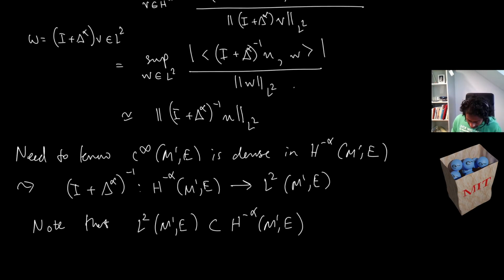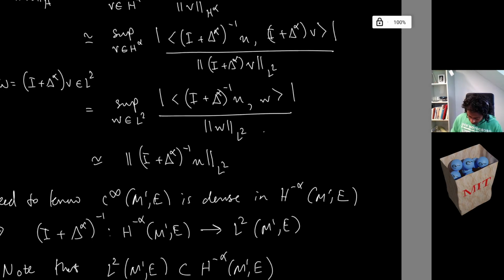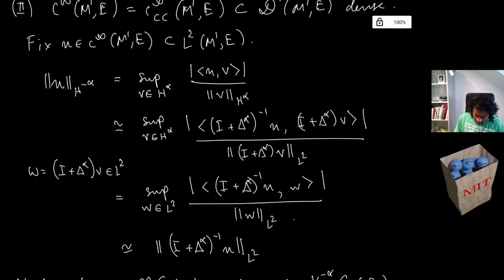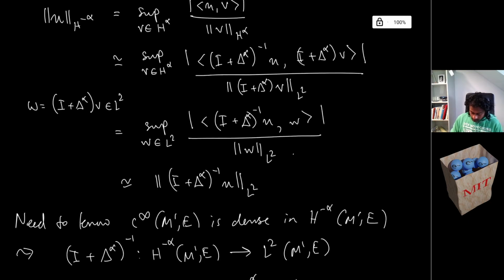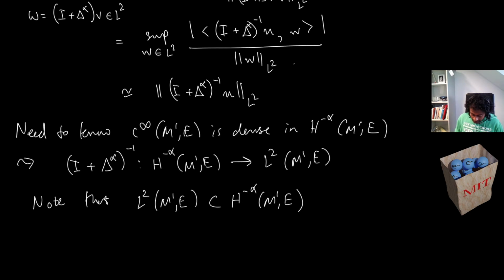The reason for that is because if we take an L2 function, if we take some section in L2, we can do the exact thing that I did here, because my v is always in H alpha if u is in L2. So here I could have replaced the C infinity of M, E prime with just something in L2 and I would have arrived at the same conclusion. Okay, so L2 is certainly an object that sits in H minus alpha.